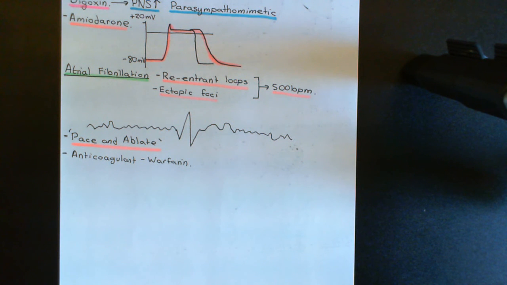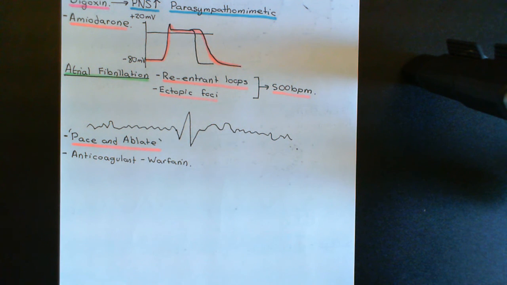So people in atrial fibrillation are at huge risk of thrombus formation within their atrial chambers. And of course, if you get thrombus formation in the atrial chambers, bits of that can break off, and you can get thromboemboli shooting around the circulation, and those can lead to myocardial infarction and stroke.